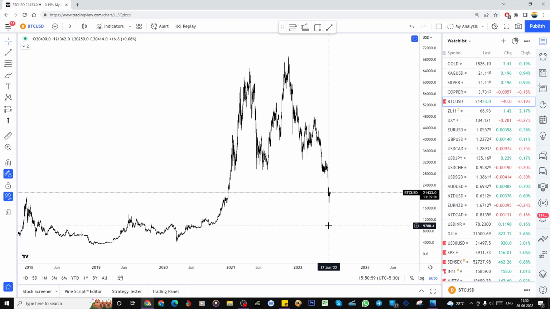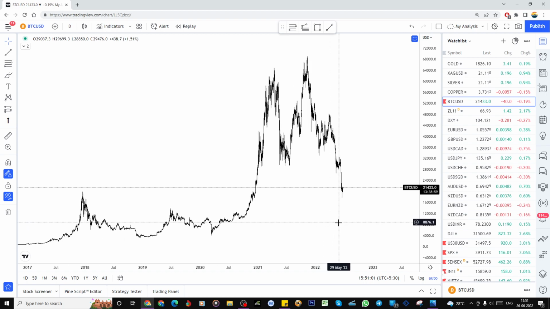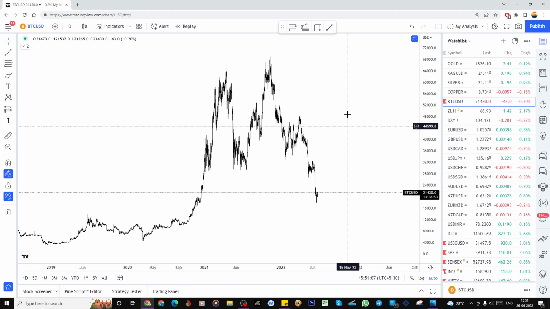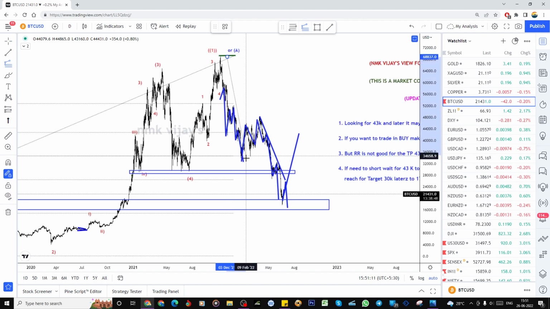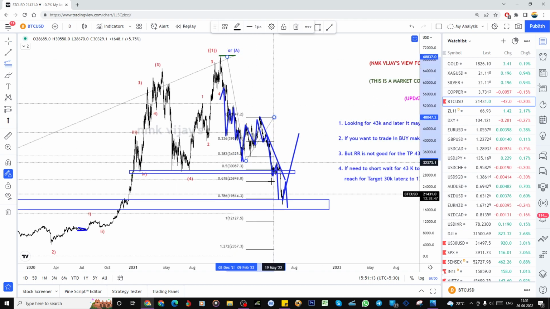So the next target is 9,800 to 8,000 to 9,000. It is my target. So whether from here it can bounce, maybe, right? Because I'm sure about this, exactly between this one and 786 we are getting.